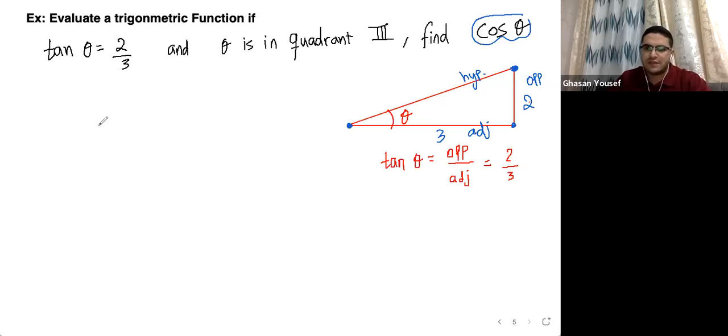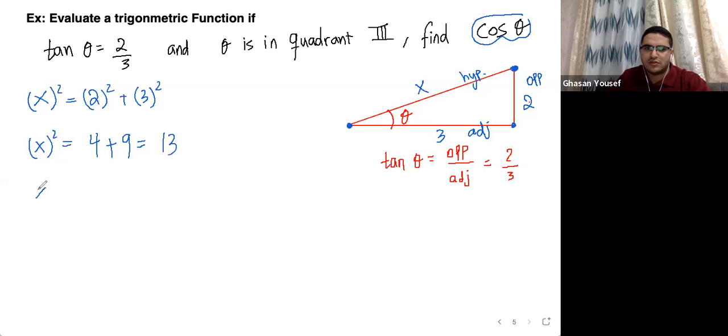By using the Pythagorean theorem, 3 square plus 2 square equals x square, so x square equals 4 plus 9, which equals 13.